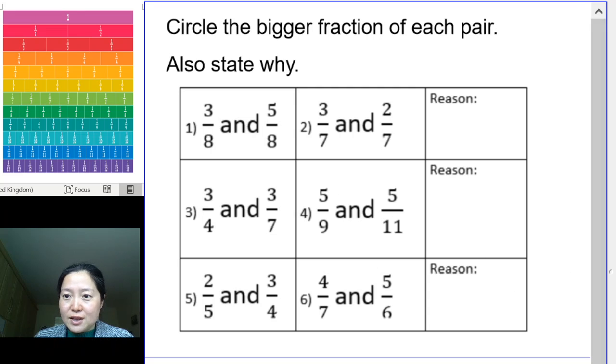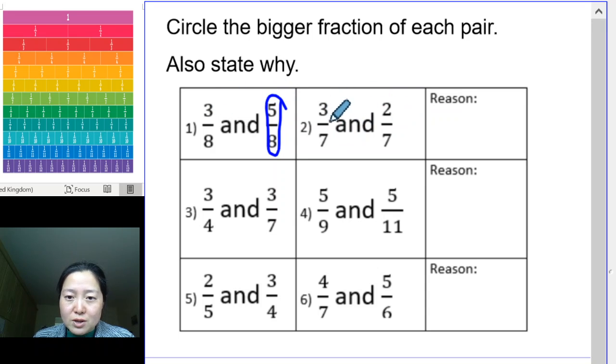Right, I think you would have finished, so press the play button again. Okay, so on the top row, for these fractions, 3/8 and 5/8, the 5/8 is bigger. This is because they have the same denominator. The piece sizes are the same, and what matters is the numerator. The more pieces you have, 5 pieces, the bigger the fraction.